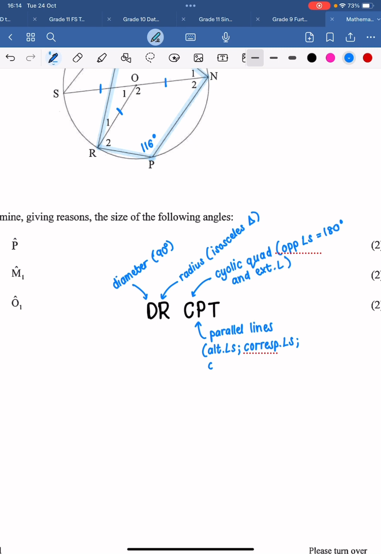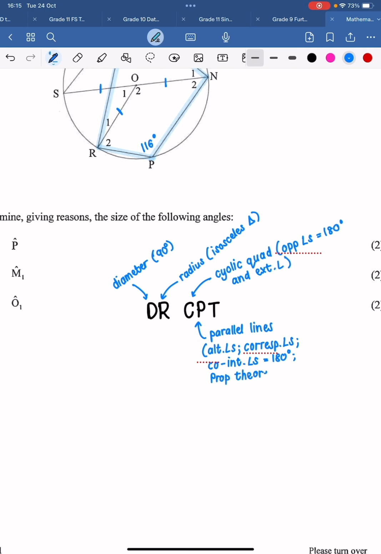You can work with co-interior angles. Right? Alternate angles and corresponding angles are equal if they lie on parallel lines. Yes, evenwydige lyne, thank you. Co-interior angles equal 180. I'm just going to add that here to my little note. And we could also possibly work with prop theorem.